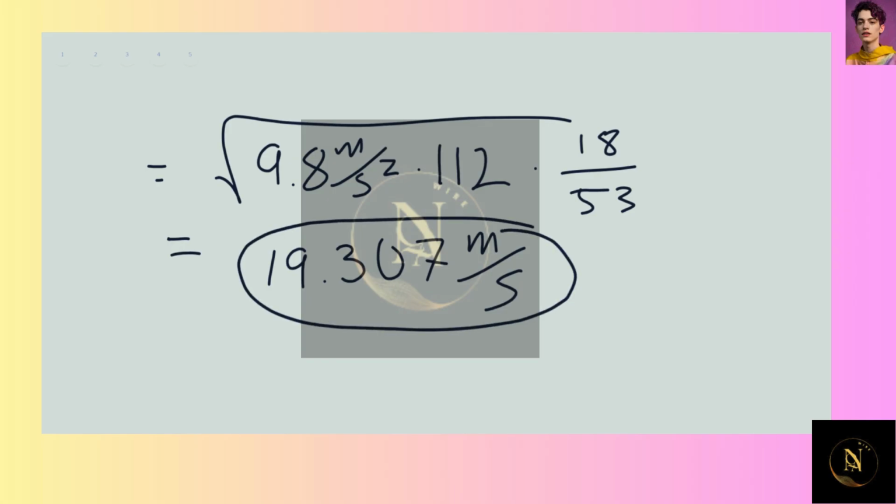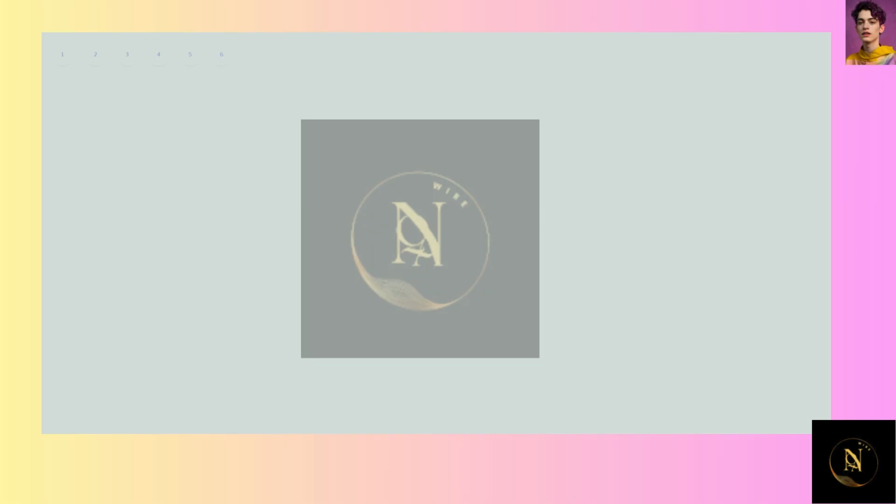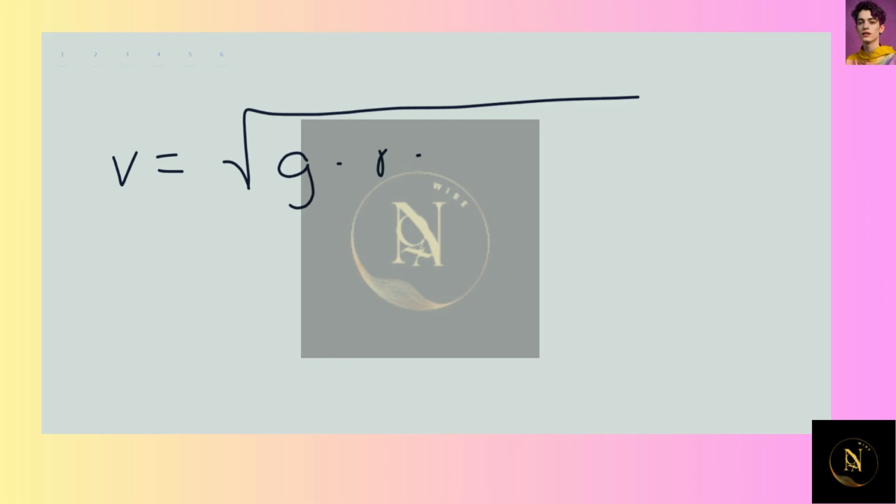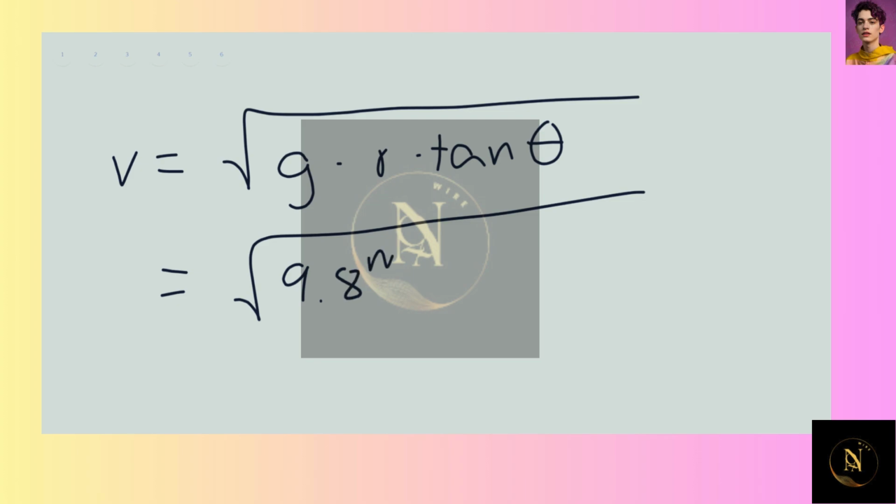Now let's look for the greatest possible velocity. We're going to use the same equation, v is equal to the square root of g times r times the tangent of theta. So once again, we're going to plug in our known quantities, 9.8 meters per second squared times, and now we have to look at our radius. The highest possible velocity is always going to be at the very upper edge of the curve, so that's times 165.